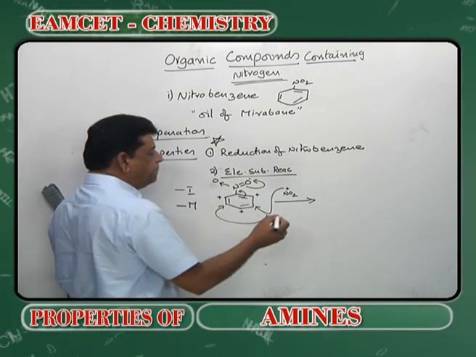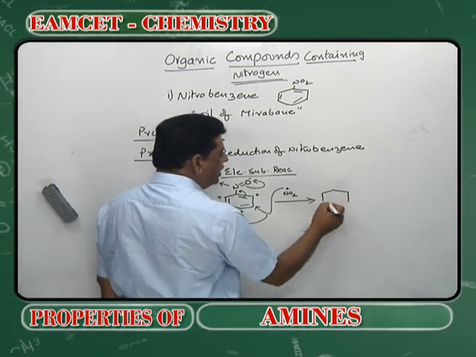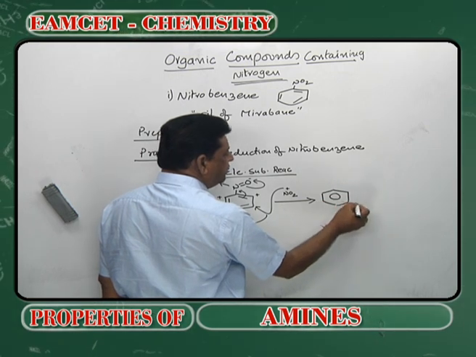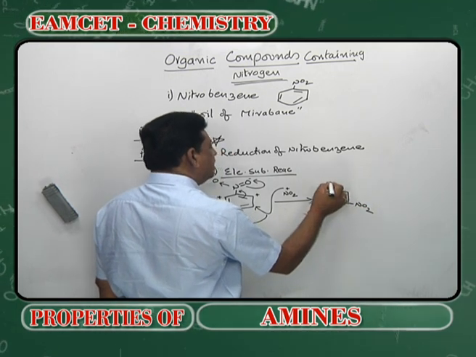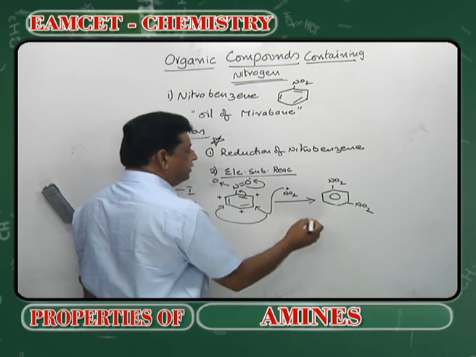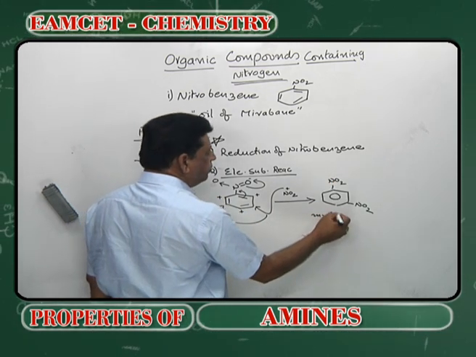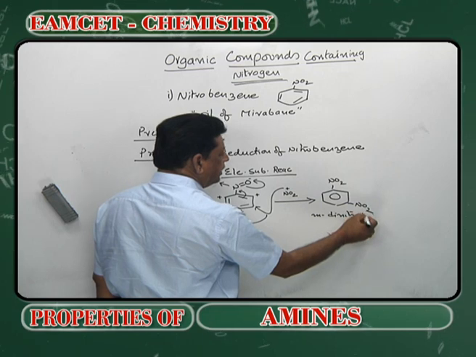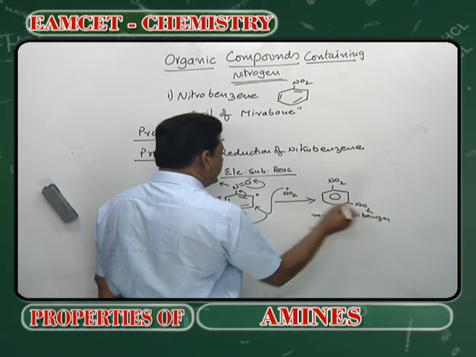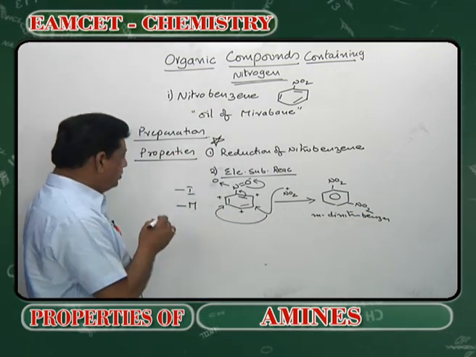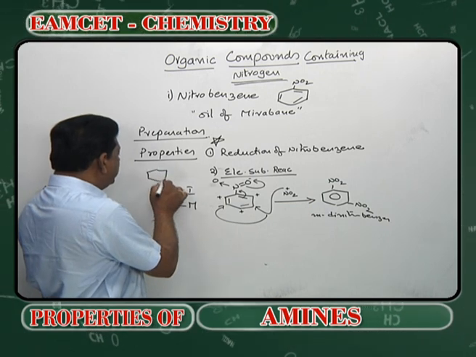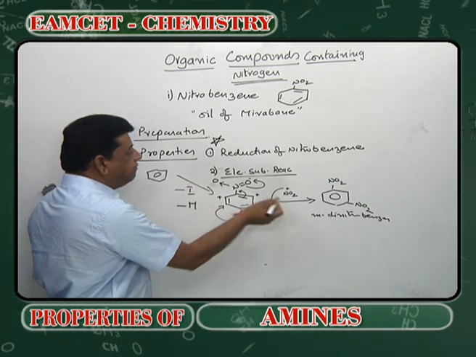So if one nitro is introduced into nitrobenzene, which already contains the original nitro, this is called meta dinitrobenzene. When you take benzene and nitrate it, compare this versus this.